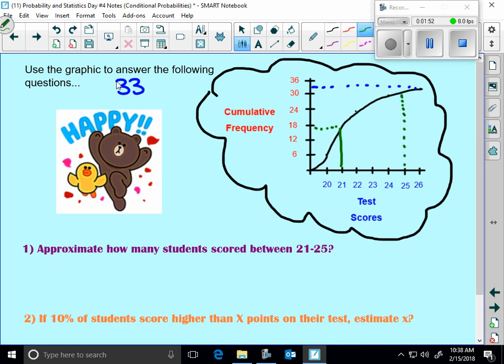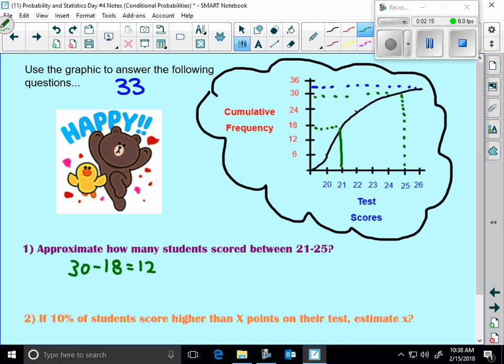What did you estimate that to be? I think 30. Okay, so 30 students scored less than or equal to 25, and 18 students scored less than or equal to 21. Therefore, 30 minus 18 would be 12 students scored between 21 and 25, including them.